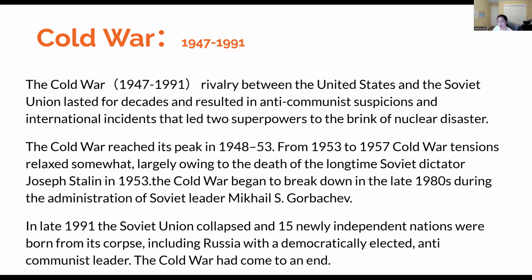But the main thing about what caused it was America was democratic and the Soviet Union was communist. America was like the height of capitalism and democracy and freedom, while the Soviet Union was everything that they stood against. So they wanted to stop the Soviet Union from expanding their influence because communism is spreading.